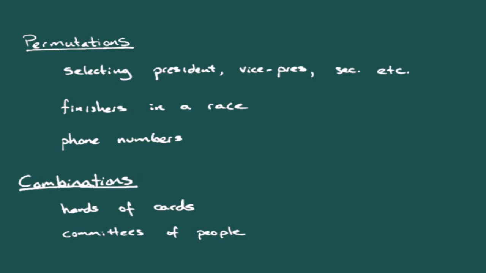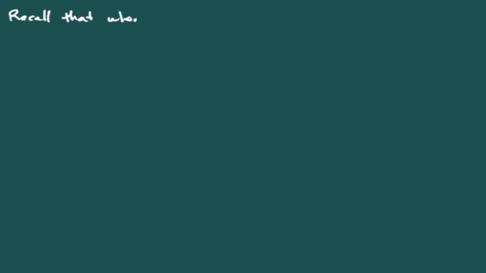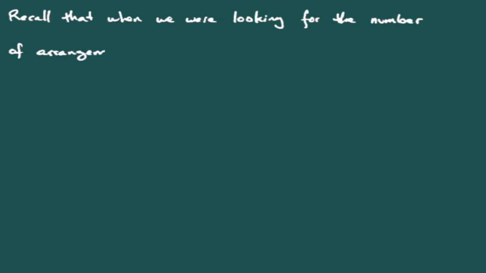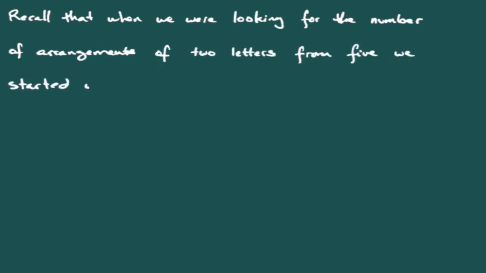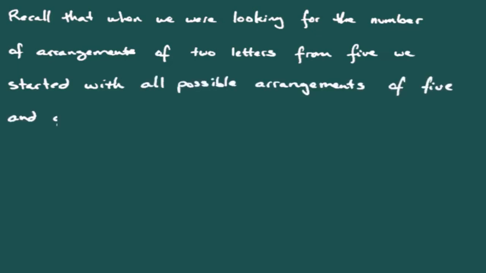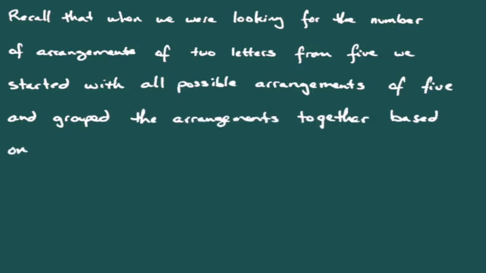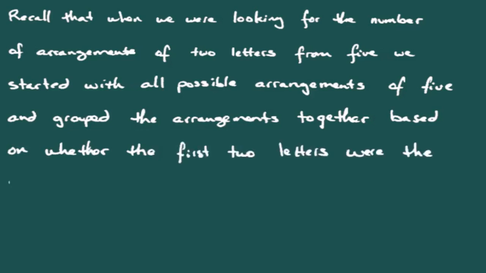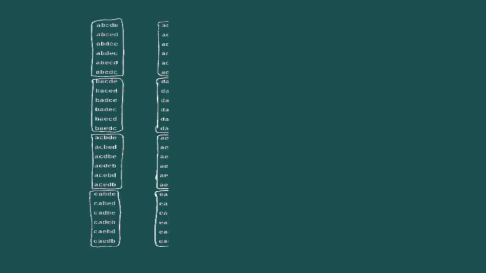So one thing to recall is that when we were looking for the number of arrangements of two letters from a collection of 5 letters, we started with all possible arrangements of those letters, and then we grouped the arrangements together based on whether or not the first 2 letters were exactly the same. What you're seeing here is all possible arrangements of the letters A, B, C, D, and E, and we grouped them based on whether or not the first 2 letters were the same.